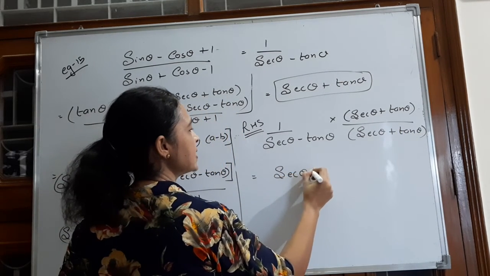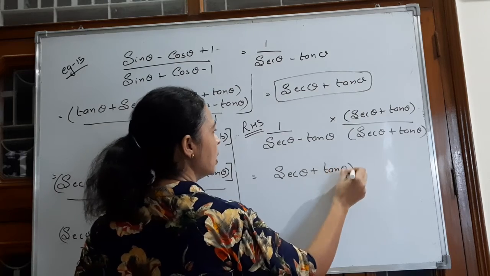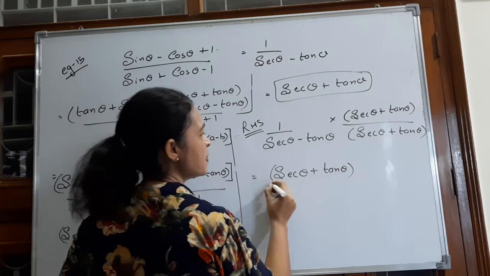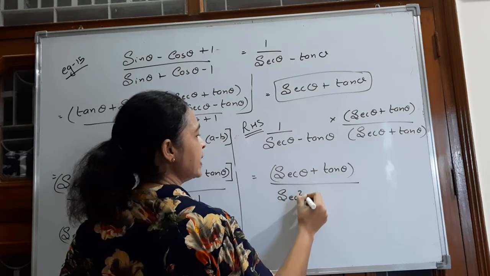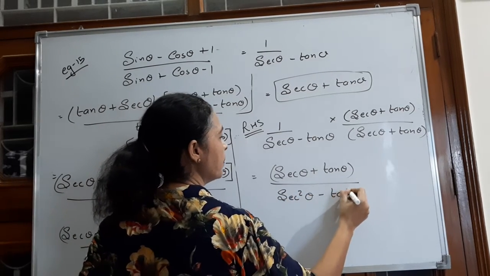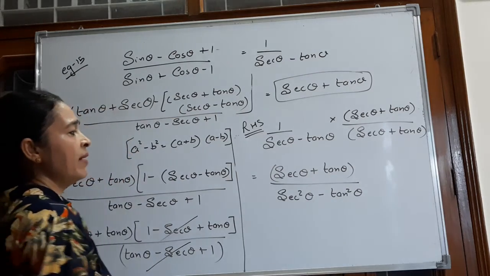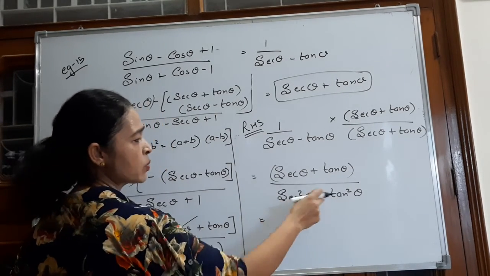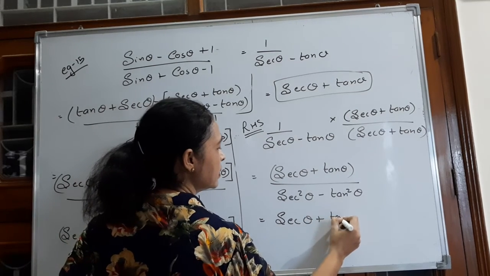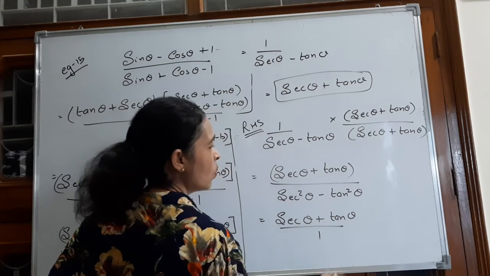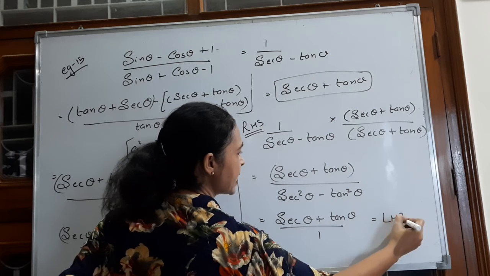Sec theta plus tan theta upon (a minus b)(a plus b), which is a square minus b square: sec square theta minus tan square theta. And we have already studied that sec square theta minus tan square theta is 1. So we get sec theta plus tan theta upon 1, which equals the left hand side.